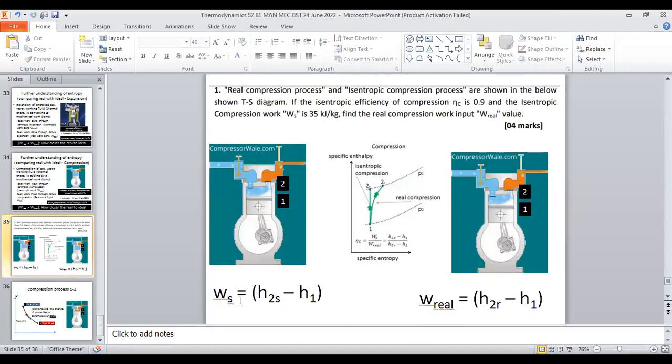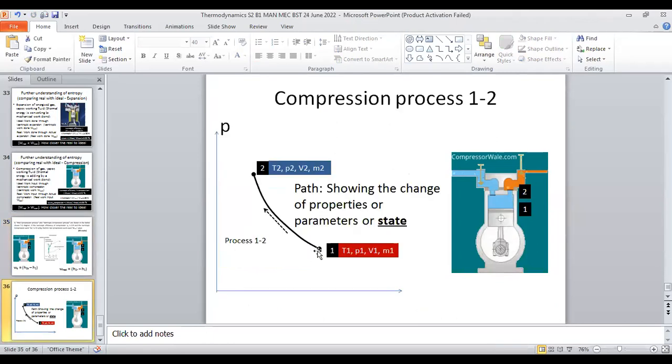And here, H1 compression starts at 1. So this case is 1, S2.